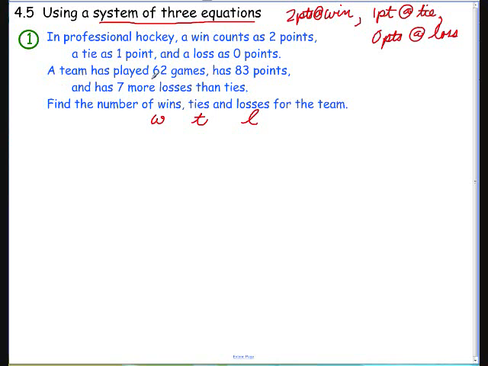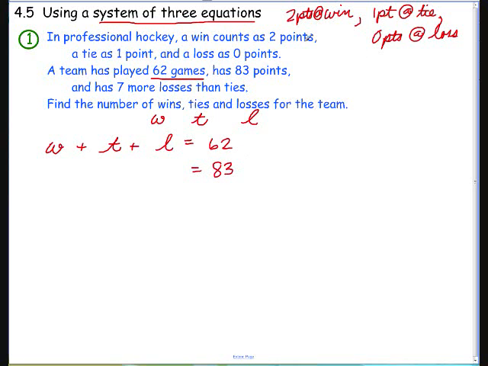A team has played 62 games. So the number of wins plus the number of ties plus the number of losses, I know, is equal to 62. The team has earned 83 points.